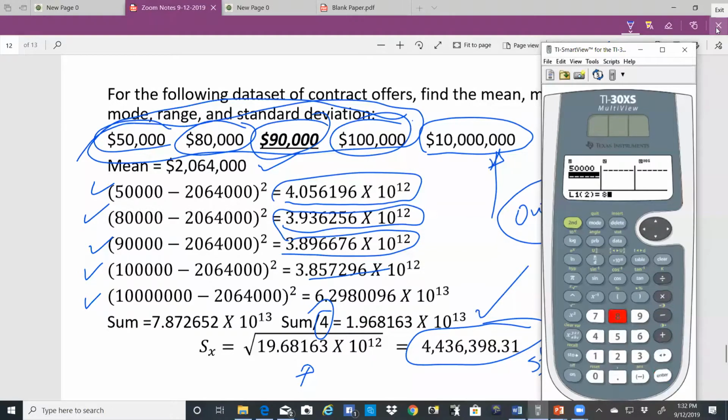Then I'm going to put 80,000. Enter. I'm going to put 90,000. I'm going to hit enter. Then I'm going to put 100,000 and hit enter. And then I'm going to put the big guy, 10 million.